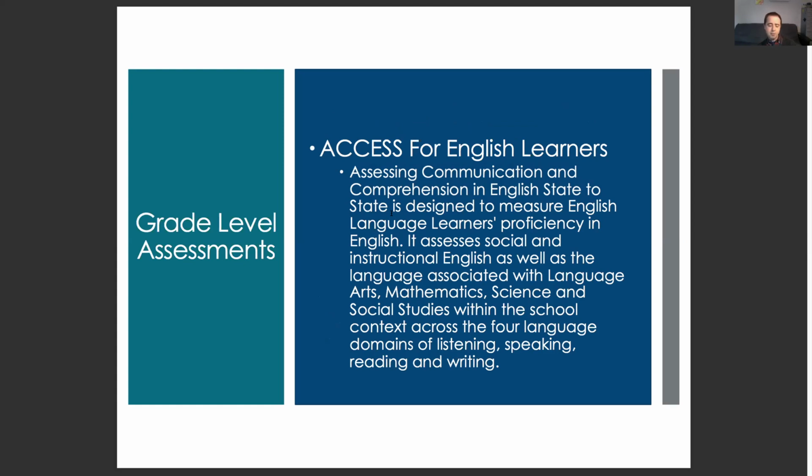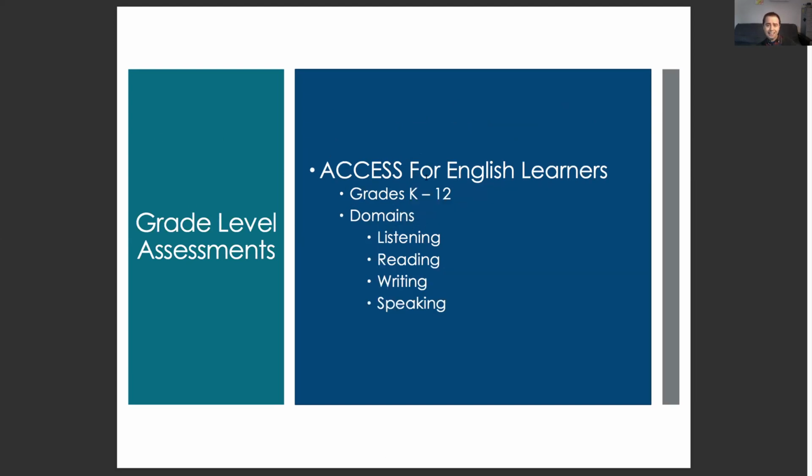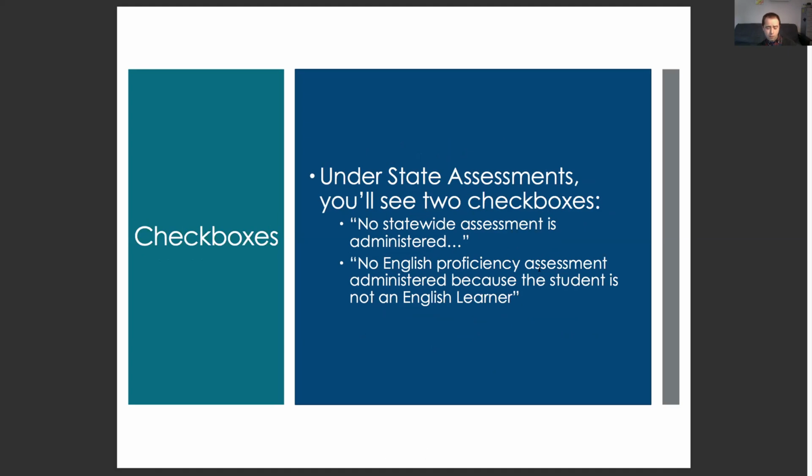So this is only going to be for a very small percentage of special needs students who are also English learners. The ACCESS is taken in grades K through 12, every single grade, and again, it focuses on listening, reading, writing, and speaking.